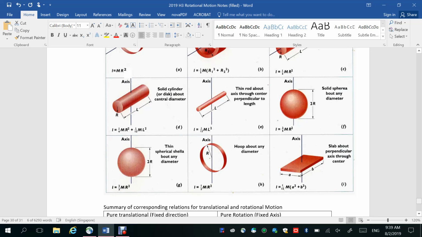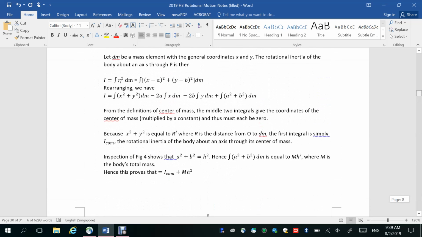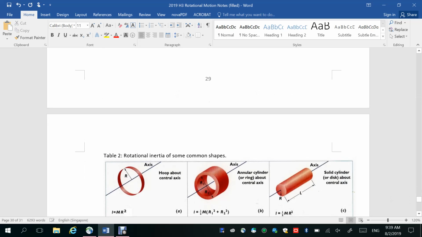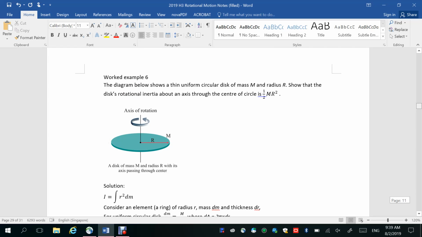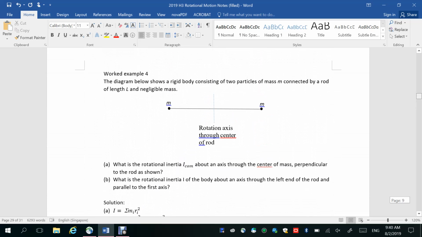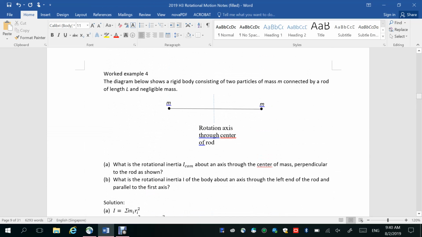Okay, let's go back to our perpendicular axis theorem. Let's take a look at the examples. Example 4 is actually two particles. The thin rod one is example 5. Let's take a look at 4B.